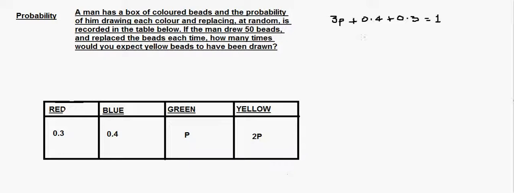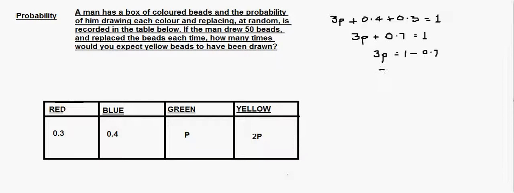So now we've just got a simple algebra equation. So 3p plus, now 0.4 plus 0.3 is 0.7, and that equals 1. So 3p will equal 1 minus 0.7, because 0.7 has come over, so the sign changes.